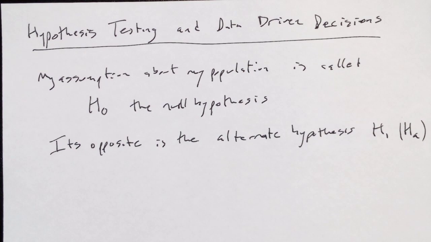I need to decide what level of consistency or alignment with my assumption I need. And I will decide what level of inconsistency requires me to choose the alternate one. So I have a decision level.